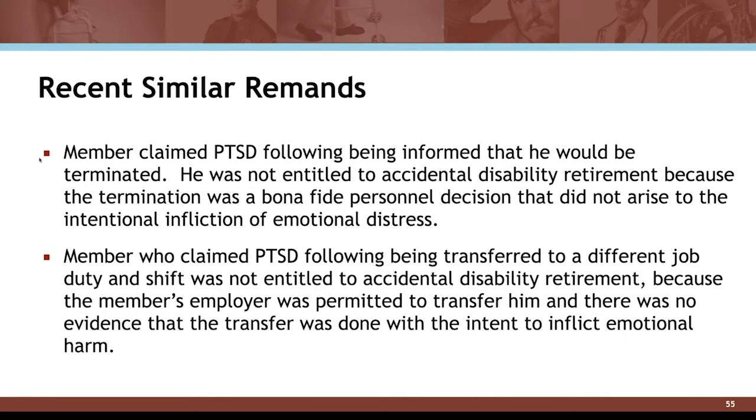Certainly, I'm sure this was a jarring event for that police officer, going from a 9-to-5 to overnight shift in a car. However, the transfer and the reassignment were permitted, and there was absolutely no proof that it was done with the intent to inflict emotional distress on him. So he was denied accidental disability for that reason.